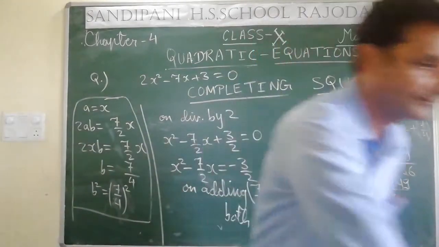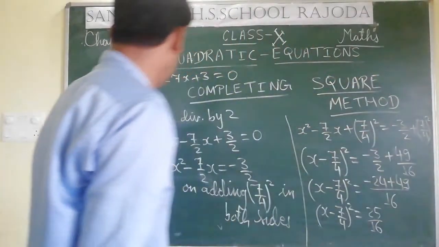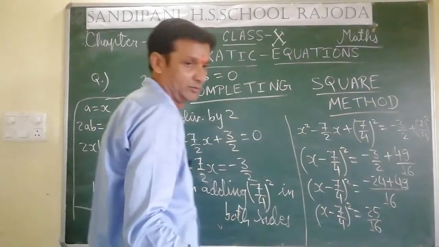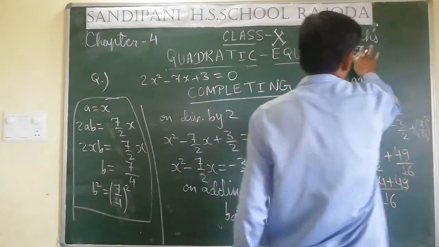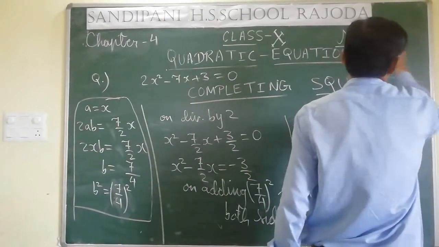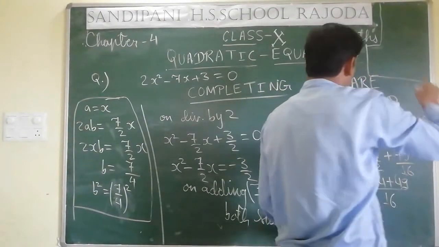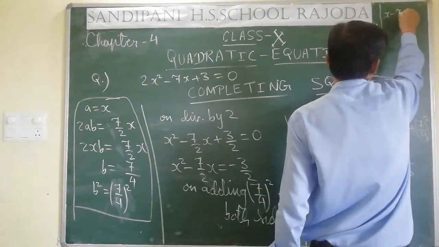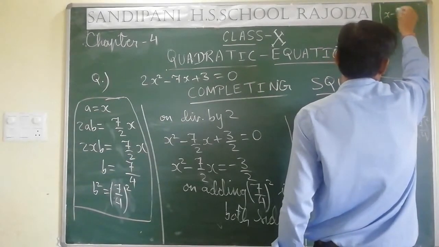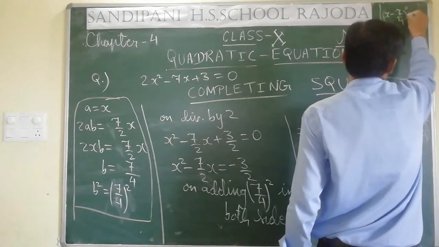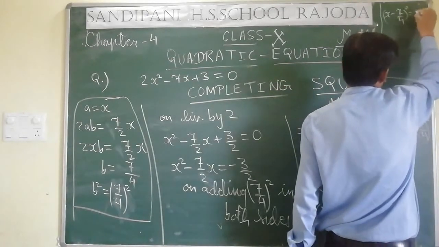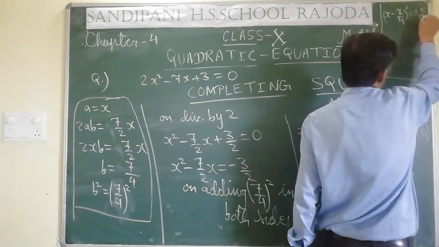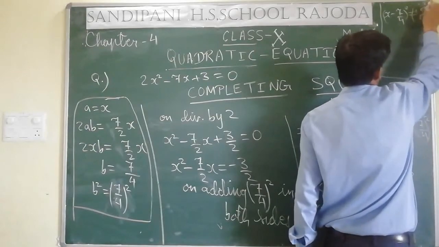So now you will have to put these values there. X minus 7 by 4 whole square is equal to plus minus 5 by 4 whole square.